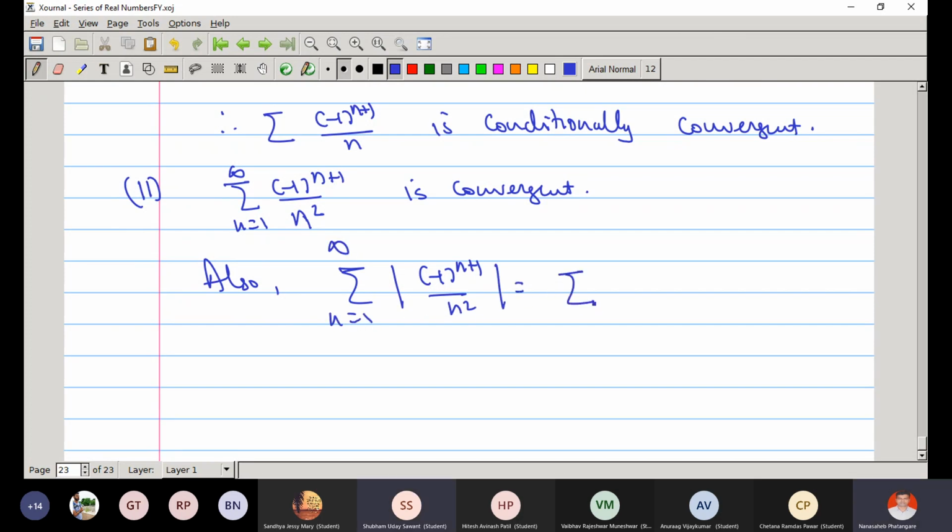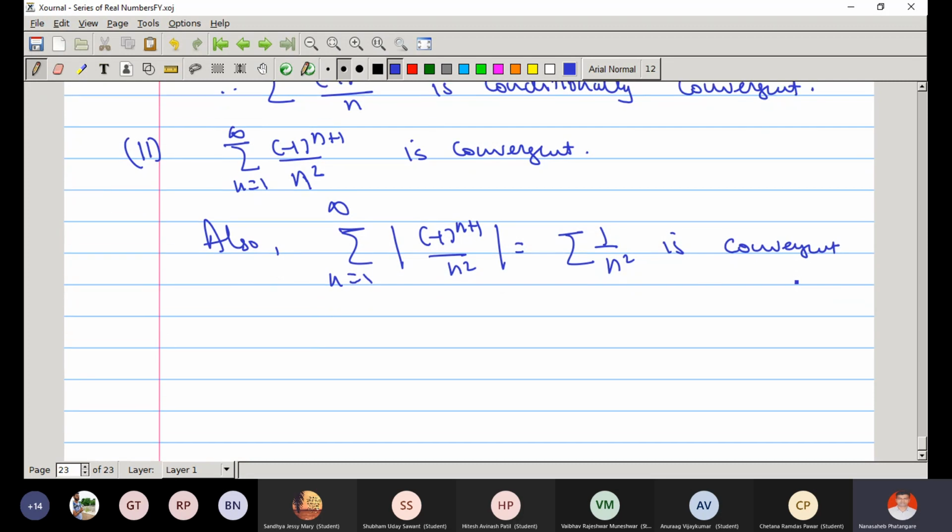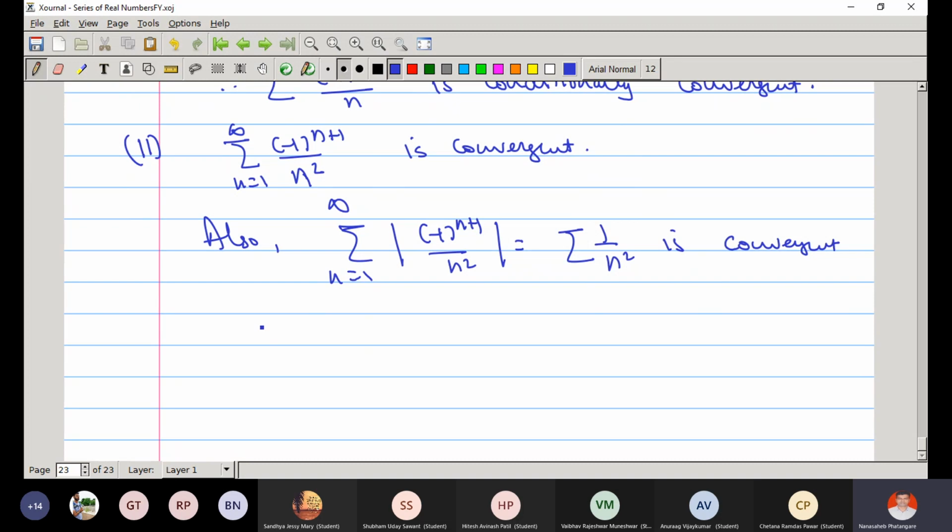Convergent, since 1 by n square is also convergent. That means the series is convergent, and if you take the absolute value, it is also convergent. So the series is called absolutely convergent. Therefore, minus 1 raised to n plus 1 upon n square is absolutely convergent.